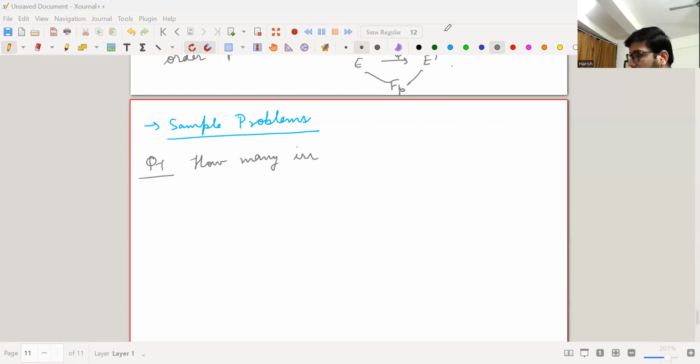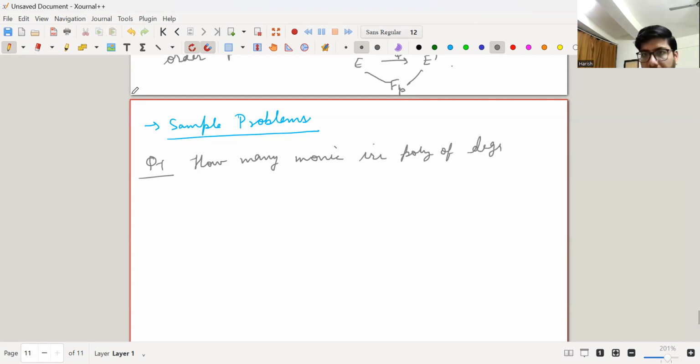Okay, so let's come back to this question. The question is, how many monic irreducible polynomials of degree 2 are there in Fp[x]?